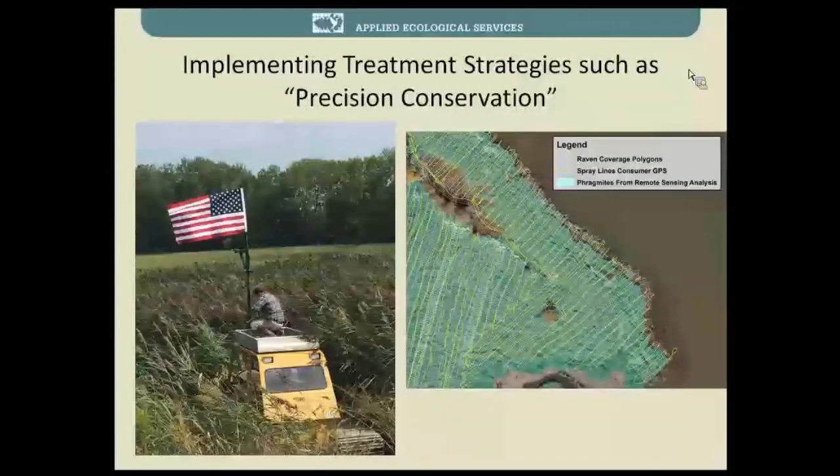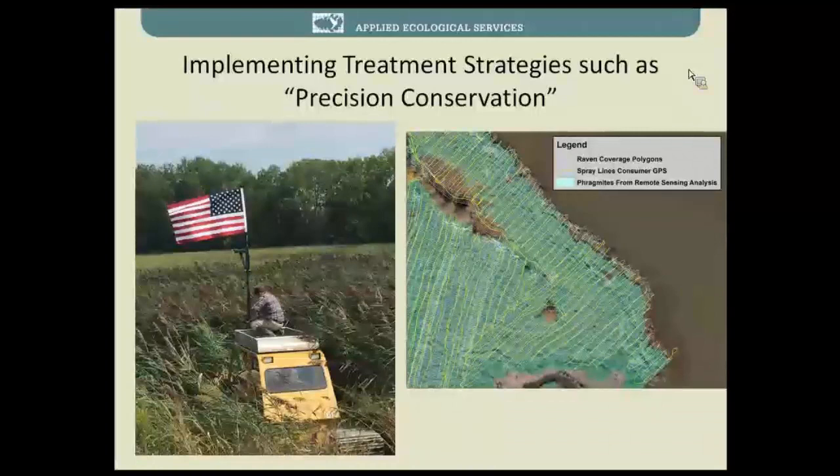The Marshmaster that you're looking at has a boom system. The boom system is ahead of the unit, so it's spraying out ahead before the tracks mat the material down, if that makes sense.